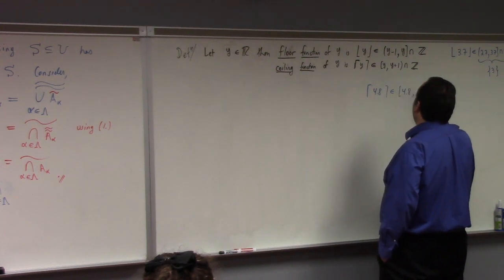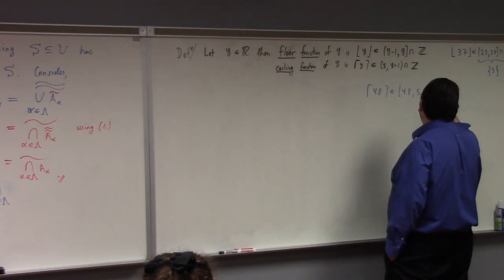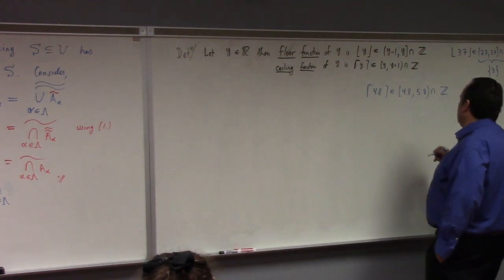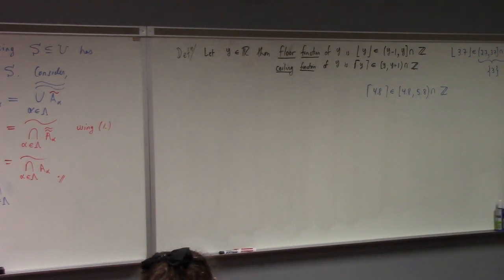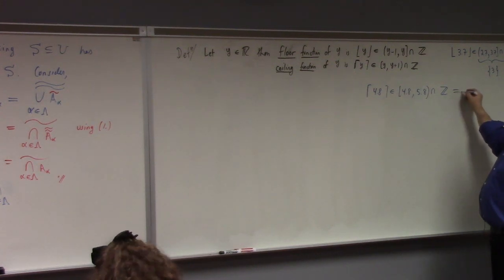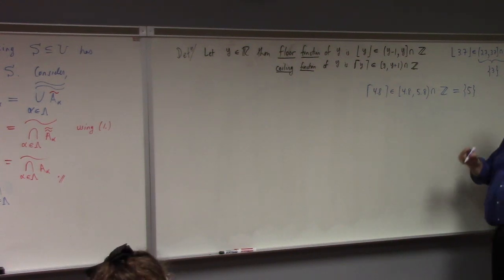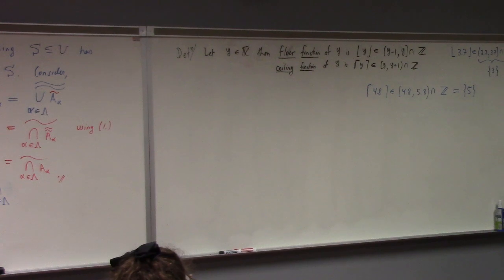I'd like to be wrong and the students to be right, because I don't need points. You guys need points. So if we do 4.8 to 5.8, intersect with the integers, there's only one whole number in here, namely 5. This is equal to the set containing just 5. Yeah. Thank you. Very good, Nolan.